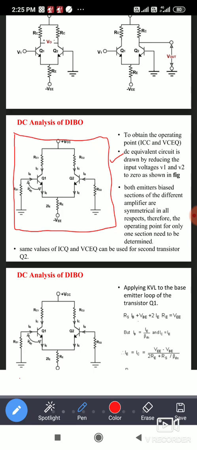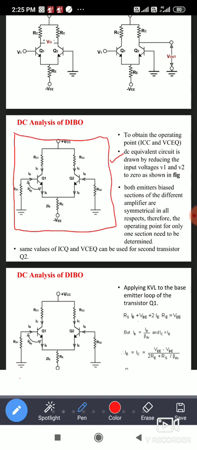No supply voltage is at the base terminal of Q1 and Q2. Are you getting my point? So this is called the DC equivalent circuit. The AC signal is removed and the base terminals are connected to ground, or we can say the input voltages V1 and V2 are reduced to 0.